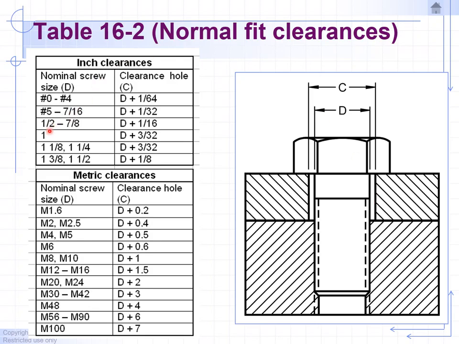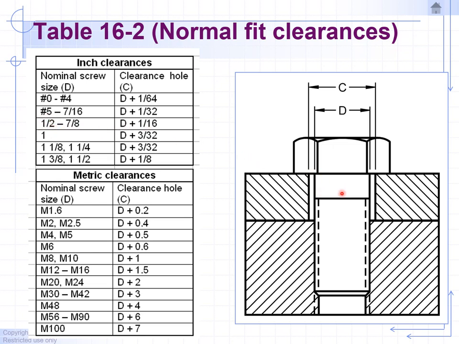Okay, if you're dealing with something under an inch in diameter, let's say from a 1/2 inch diameter up to 7/8, then you're going to add to that diameter 1/16 of an inch, which is 0.0625. So let's say we're dealing with the 1/2 inch diameter, which is 0.50 inches.